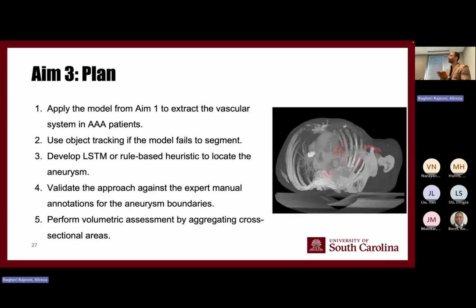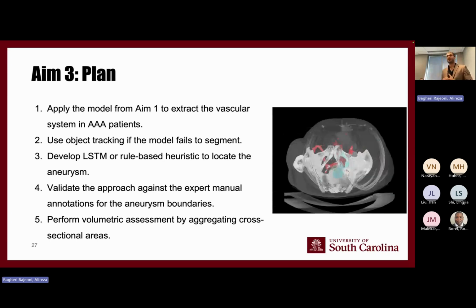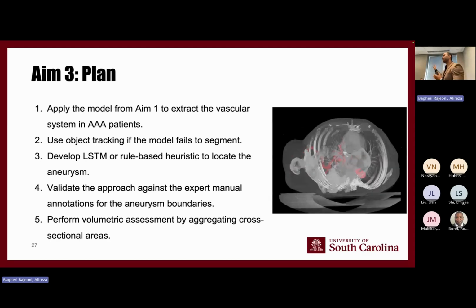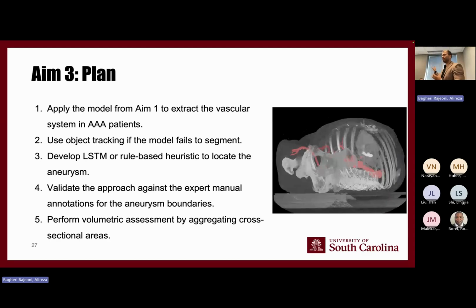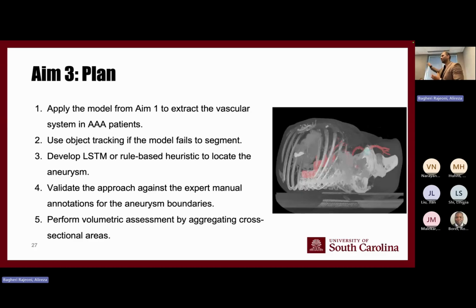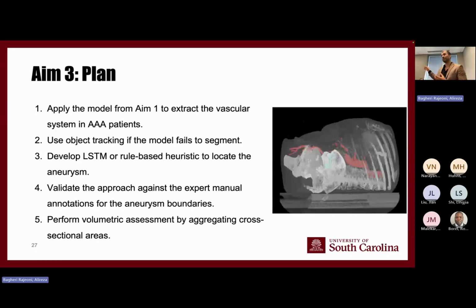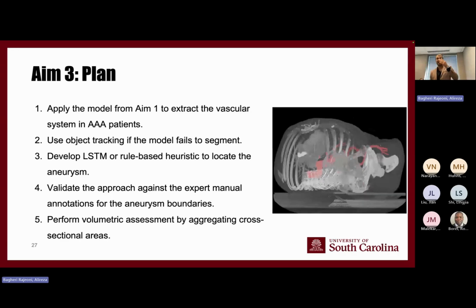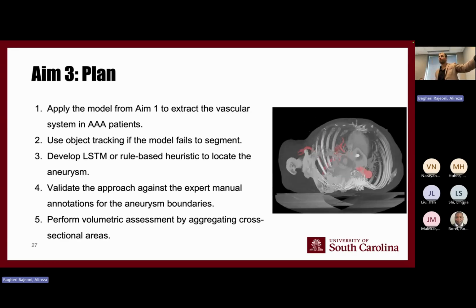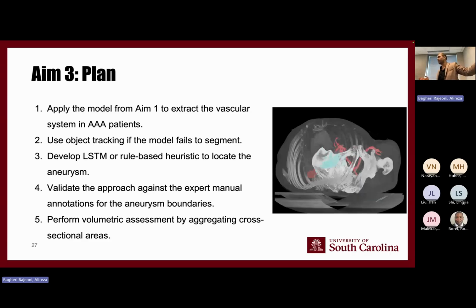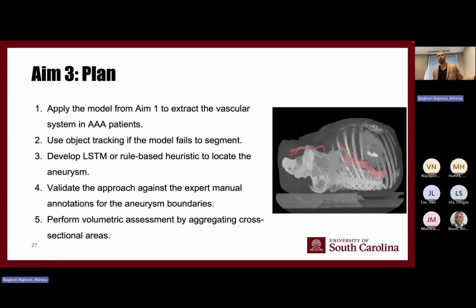And it got a very high score. As a matter of fact, one of those endarterectomy patients had an aneurysm but was not categorized correctly, but the model was able to categorize it as aneurysm, and it was correct. So after doing that, we learned the model from Aim 1 freaks out and doesn't do any segmentation when it sees an abnormality. What can we do?